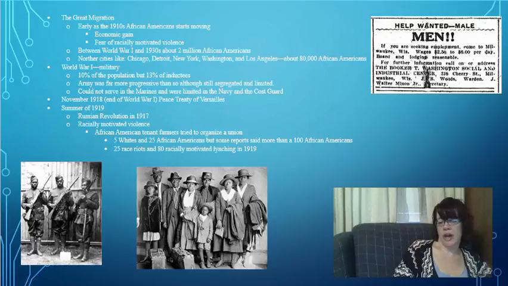There were 25 race riots and 80 racially motivated lynchings in 1919 alone. So, as I've said before, some people will date the nadir of race relations up until 1920. And that'll include the summer of 1919, after World War I, when there was so much racially motivated violence.